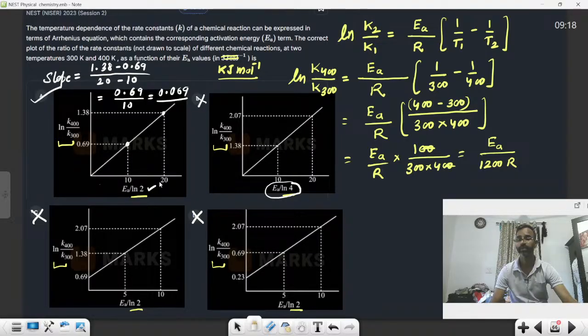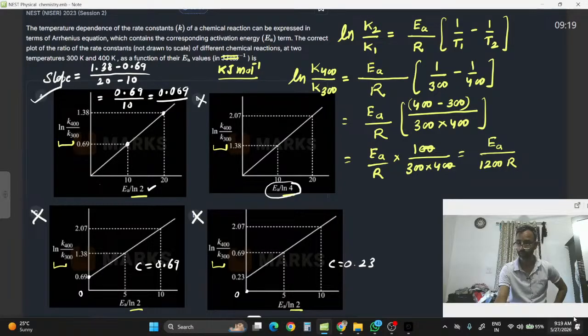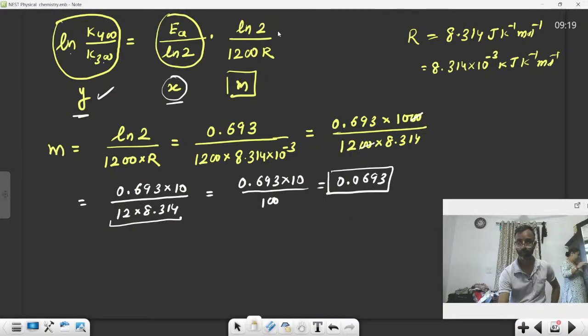Did you understand this part? Because it starts from somewhere else. It is not starting from origin. Because C is 0. In this case, C should be 0.69. Here C should be 0.23. But you know, in our equation, C is 0.